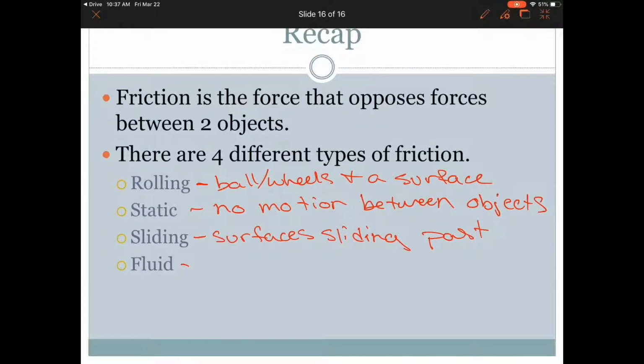And fluid friction means an object going through air or water.